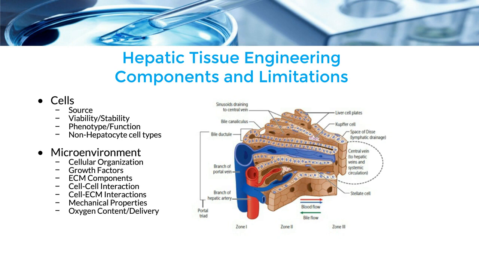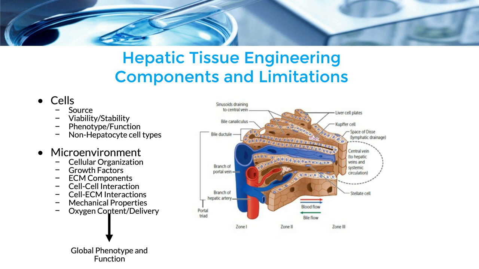If one were to drill down more deeply, it's really these microenvironmental components that are important in driving and maintaining hepatocyte function. Taken all together, the phenotype and function of the cells are going to be dictated by how we construct this environment.